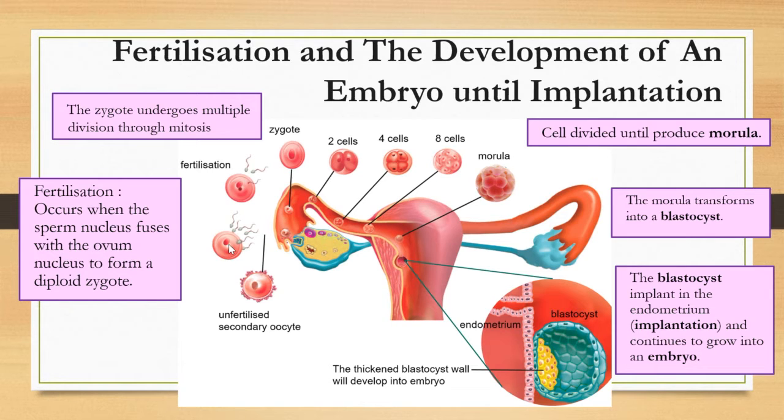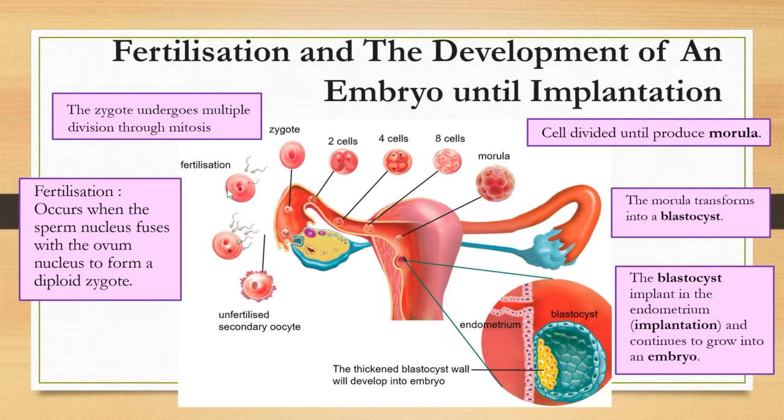Fertilization occurs, whereby the sperm nucleus fuses with the ovum nucleus here to form a zygote. So that is what happens during fertilization. Fertilization occurs when the sperm nucleus fuses with the ovum nucleus to form a diploid zygote.